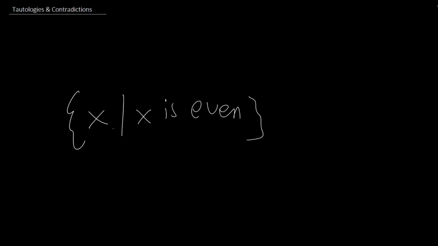Tautologies and contradictions are also useful in set theory, which was something that we dabbled in the previous video. But before we get into that, I want to teach you one more thing about sets that I left out in the previous video. If we have a really simple set, then you know what this set means, right? But let's take a look at X here. I said that X literally means any mathematical object.